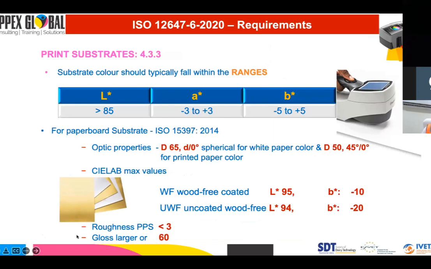Good. So here we have the substrate color, and you can't really deviate from this. As the customer asks for something, then you have to do the substrate they want. But in general, if we're printing to the standard, then we have a range within which we have allowable color of the substrate.